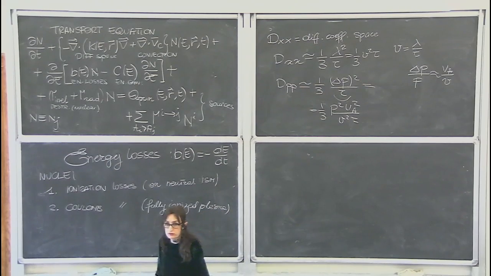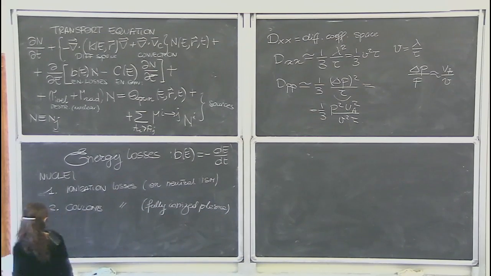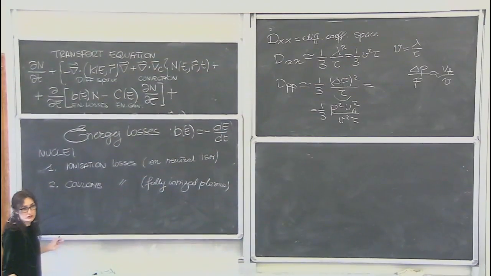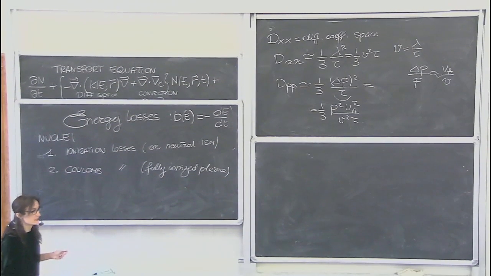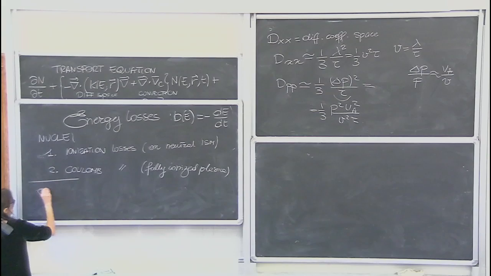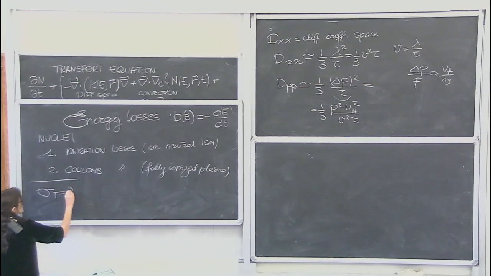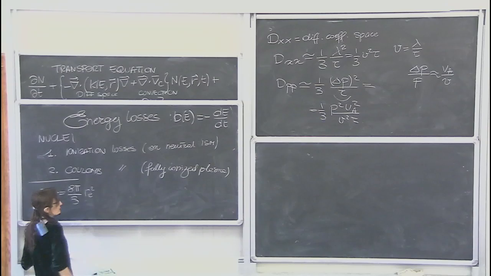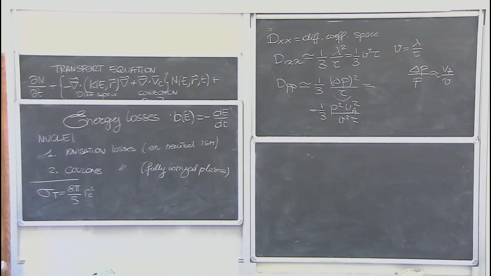One cross section that will appear very often here, you should know better than me, you are much more fresh of your studies, is the Thomson cross-section. Okay, so I just remind you the expression for the Thomson cross-section that will enter in our formula. It is 8 pi divided by 3, the typical electron radius squared.